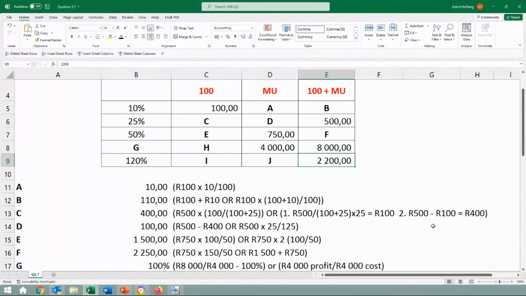Okay, so let me just repeat that. What percentage does that 2,200 Rand in that table of ours represent? Who can tell me, guys? Are you guys still with me?